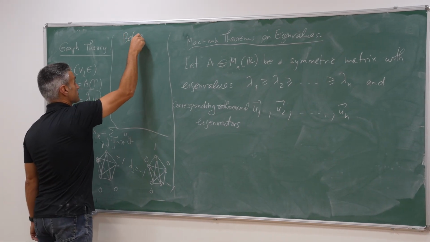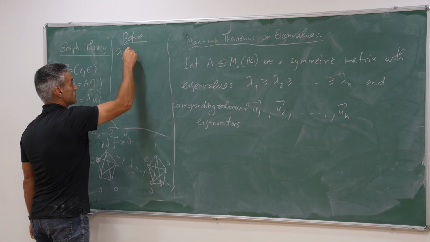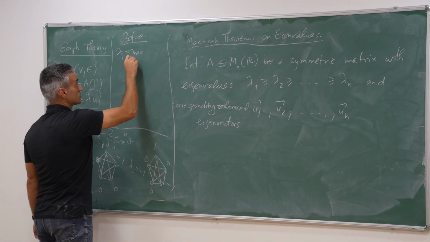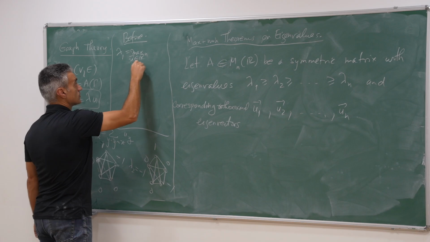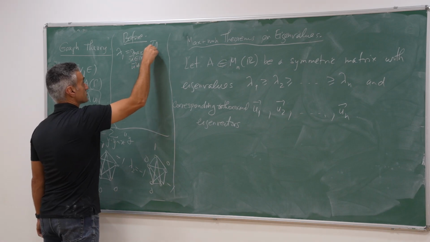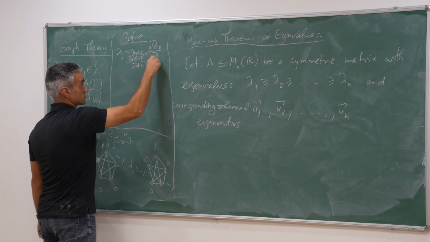Before, we just saw that lambda 1 was the max over all u in Rn, u non-zero, of u transpose Au divided by u transpose u.